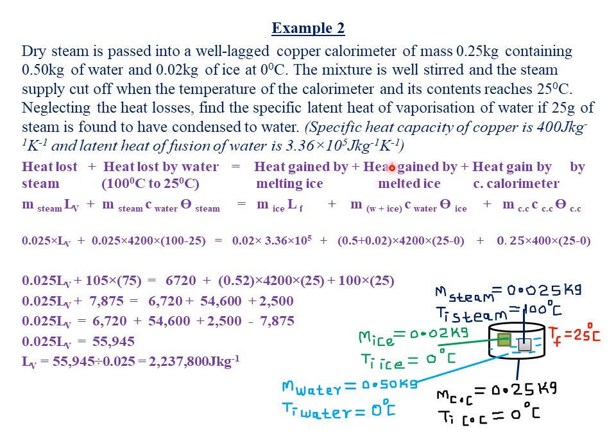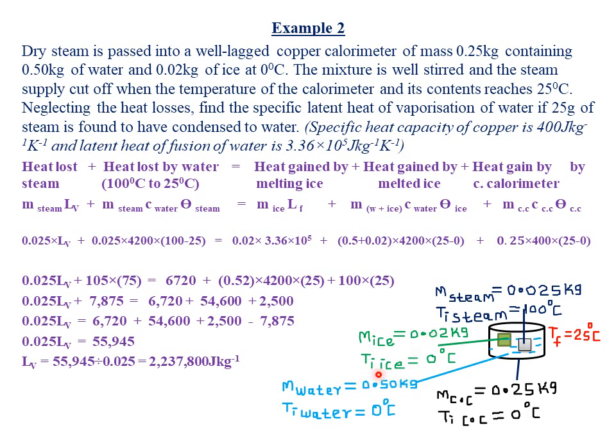Then the heat gained by the melted ice. So remember, when ice melts, it forms water. Therefore, the total mass of water now becomes the mass of the water that was initially in the calorimeter plus the mass of the ice, because the ice has actually melted to form water.